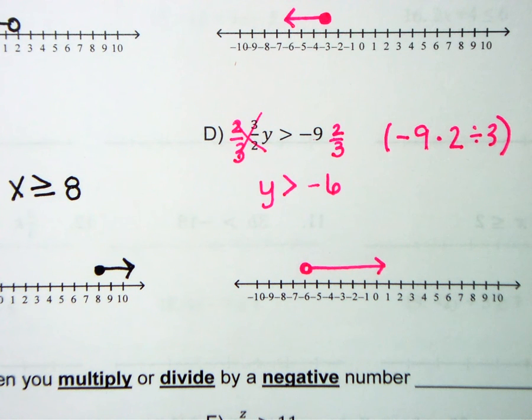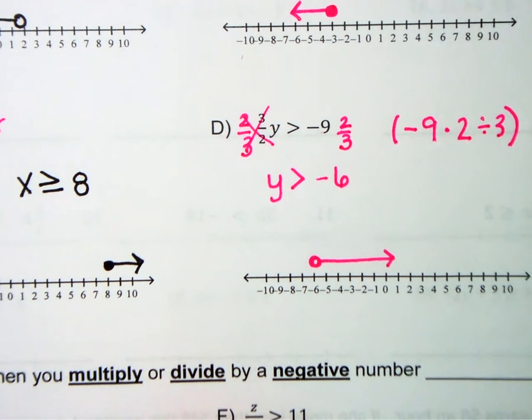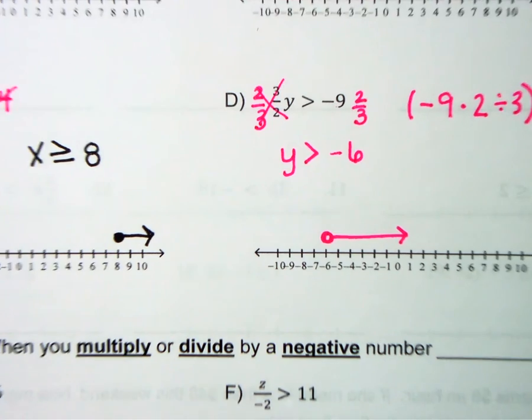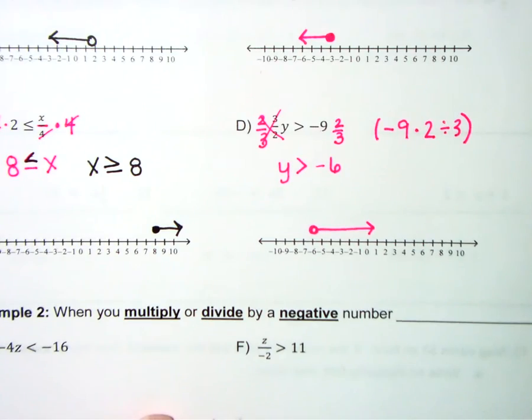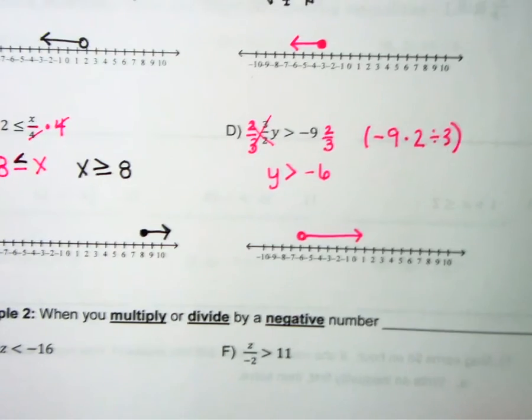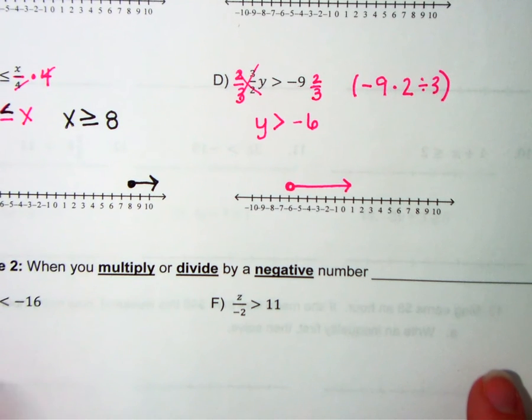Okay, so here's the added little part of this. It becomes different when we are multiplying or dividing by a negative number. Okay, so we're going to fill this in. When we multiply or divide by a negative number on our example 2, what is going to happen?